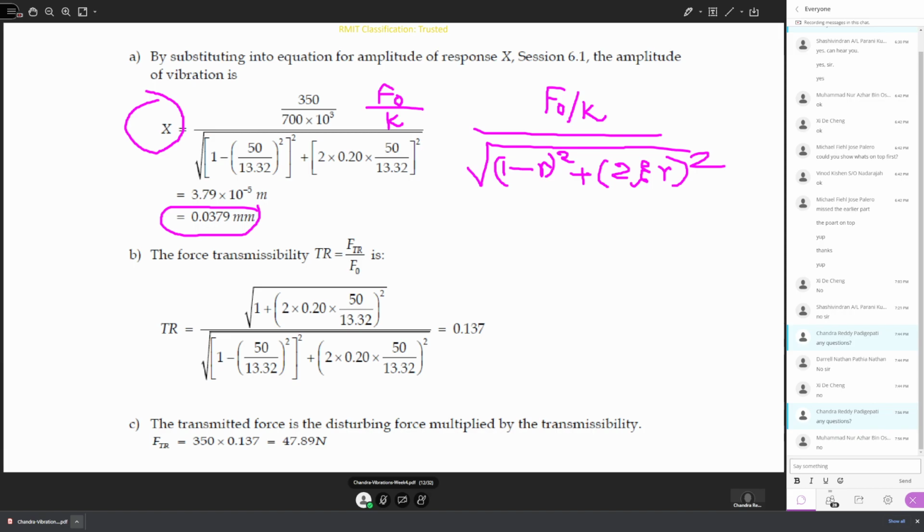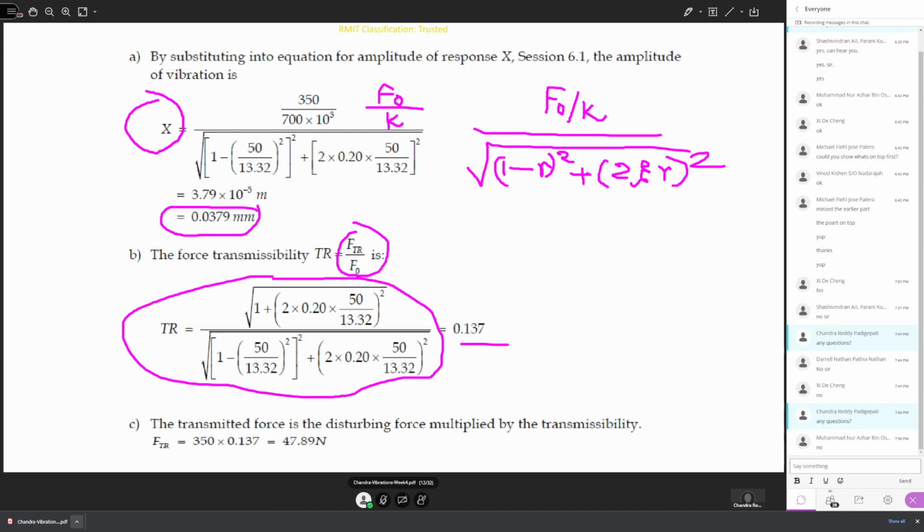Transmissibility is the force transmitted over the magnitude of the force. We have the formula for this, so you just use everything in that, calculate, and you get the transmissibility ratio as 0.137.